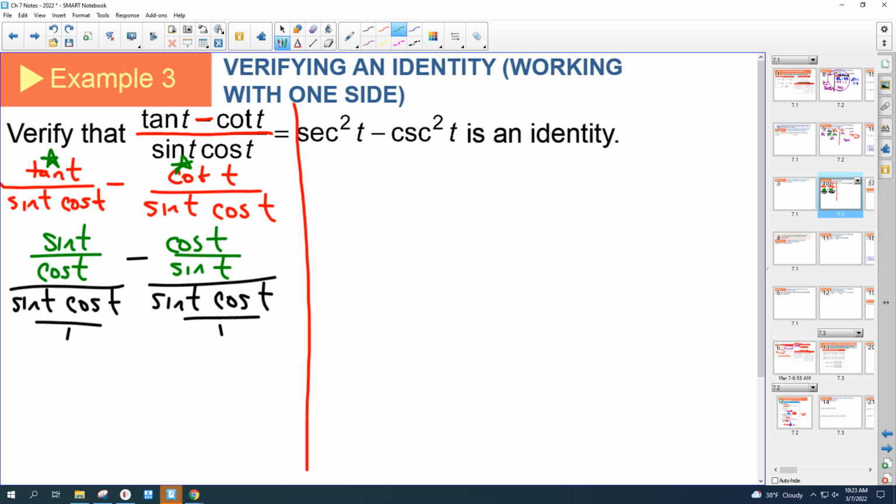Tell you what, let's abbreviate this real quick. Maybe this will make more sense to you. If I've got sine over cosine, times the reciprocal is going to be times 1 over sine cosine. Going to look like that.